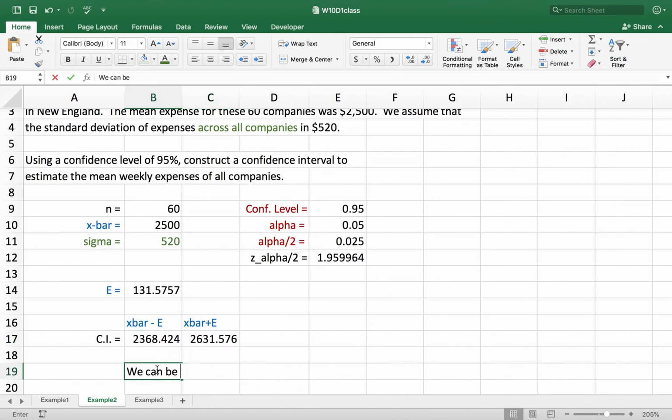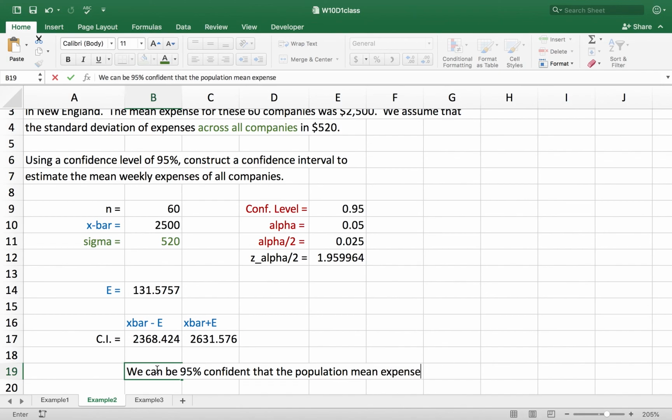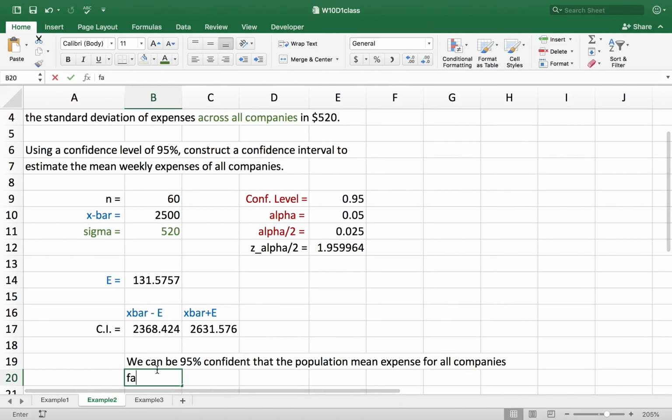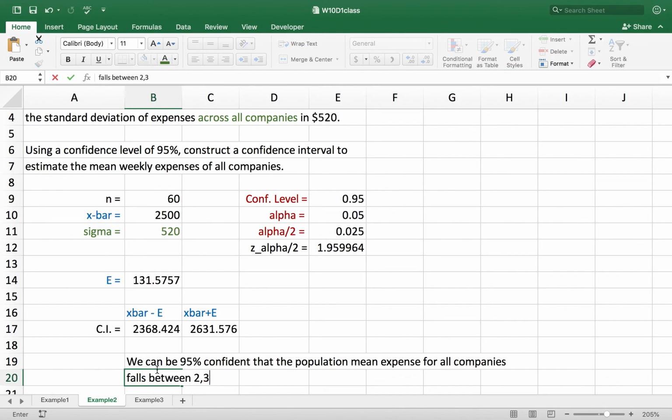We can be 95% confident that the population mean expense for all companies, right? This is a population level estimate for all companies, falls between, and again, I'm going to round here, 2,368 and 2,630, let's call it 2,630 if we round up.